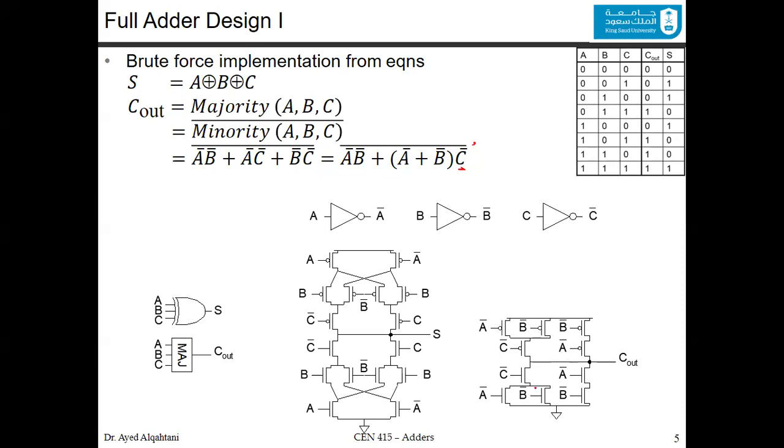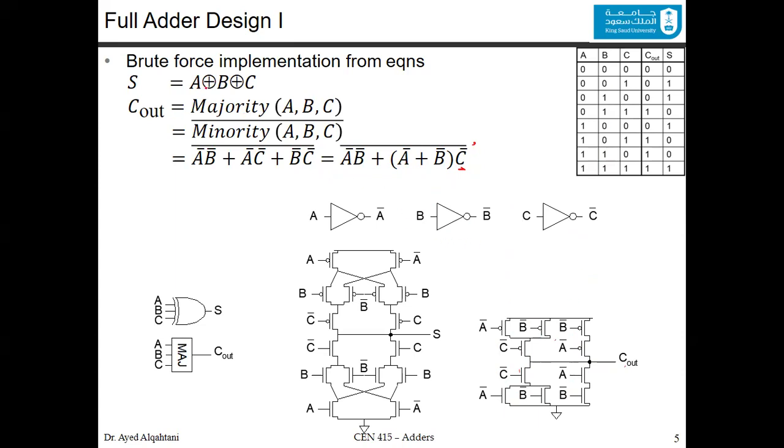Those two are in parallel, in series with the C bar, and then the two groups are in parallel, as you can see here. Now for the pull up, we can do the duality that you are used to, but there is a symmetry property between the pull up and the pull down, and you can check it against the truth table one by one, and you will find that really this gives you the carry out, whatever input combination you are working with.